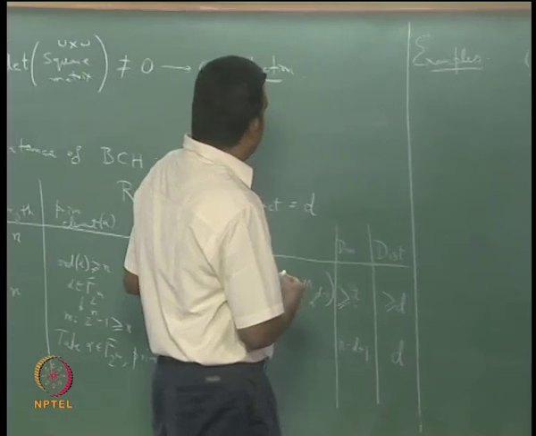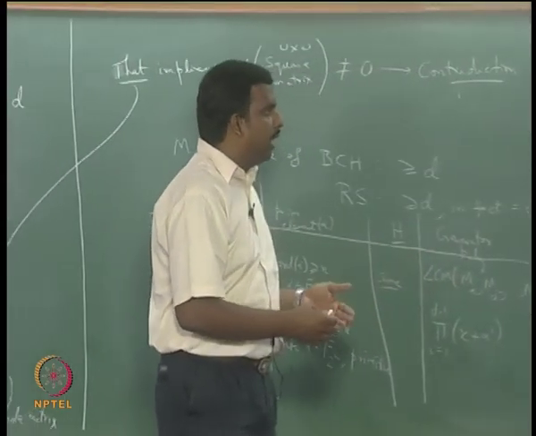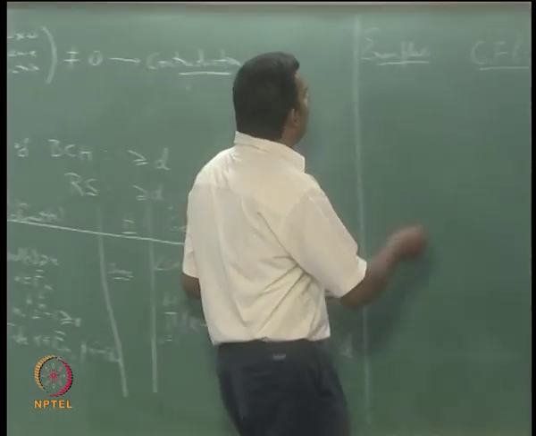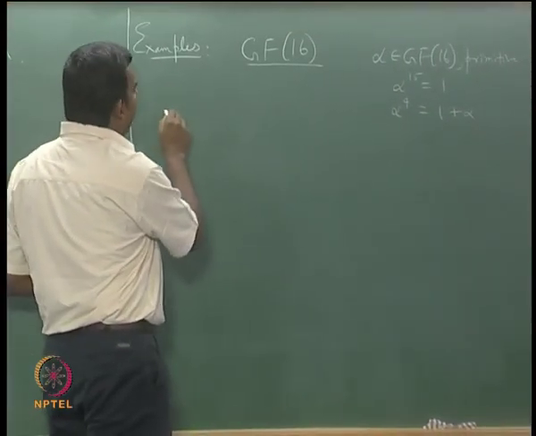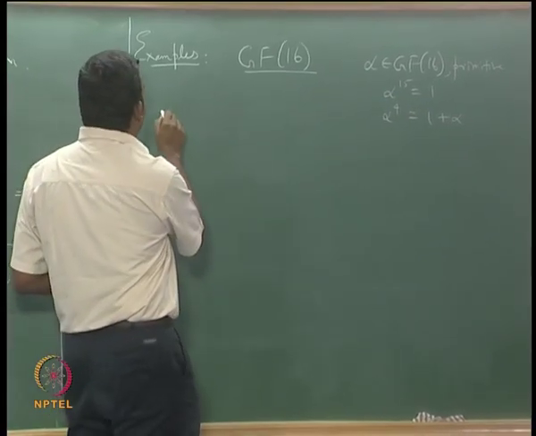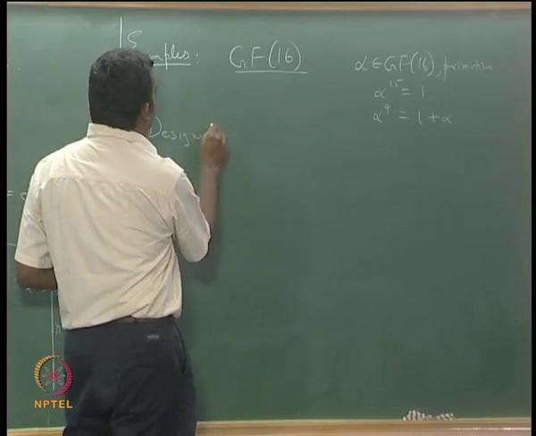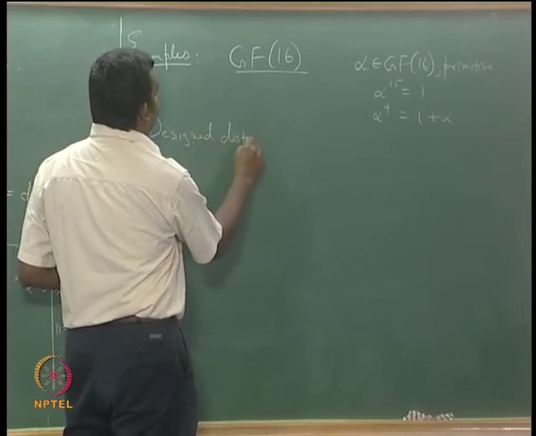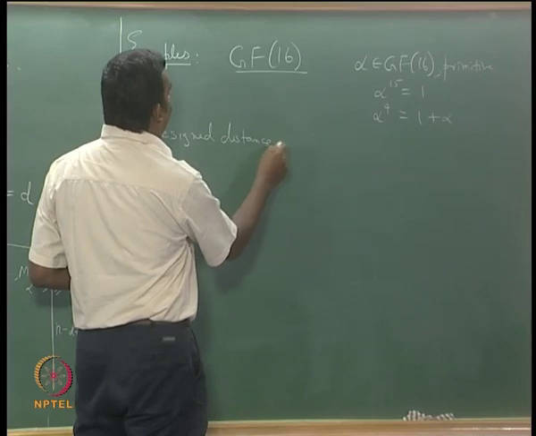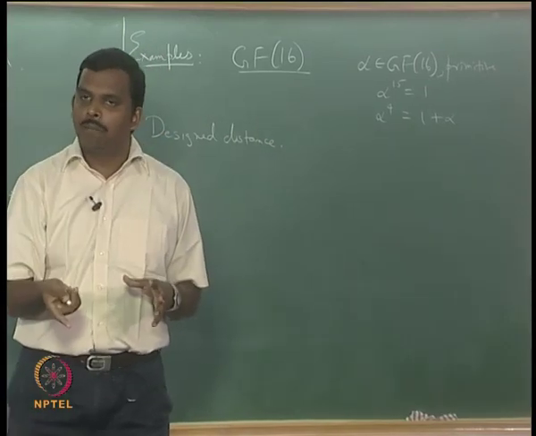I've been talking about design distance D. It's much more common to use the designed error correcting capability. So what is designed error correcting capability? If you want a designed error correcting capability of 1, what should your design distance be? 3.